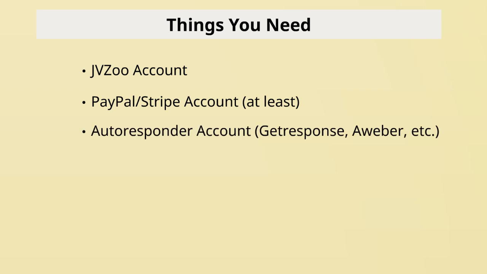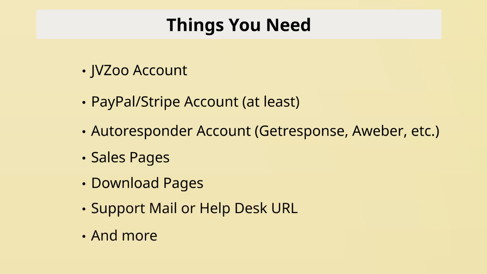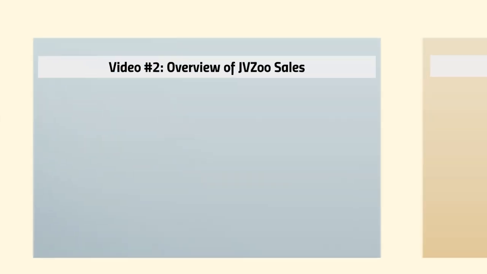And then of course you want an autoresponder account such as GetResponse or Aweber. You want to have your sales pages, your download pages for your front-end offers, your one-time offers, and all of that. You want to have a support email or help desk URL, and we'll talk more about the other things that you need. So with that said, let's move on to video number 2.